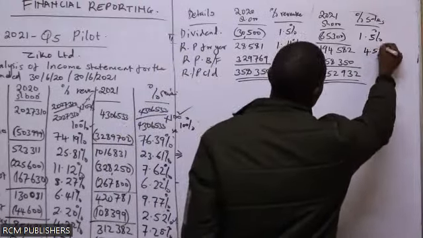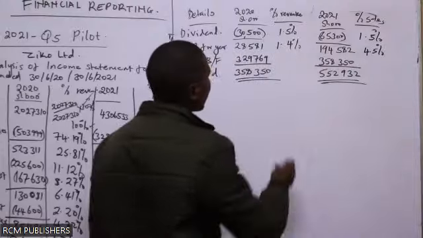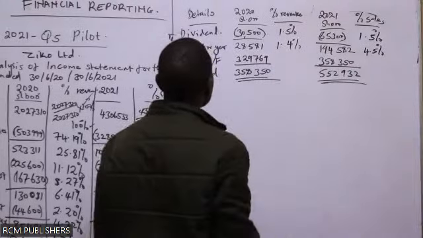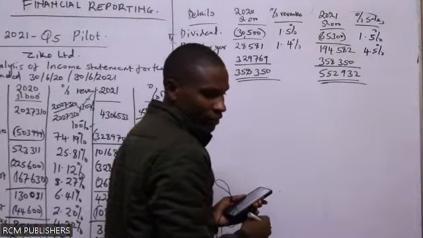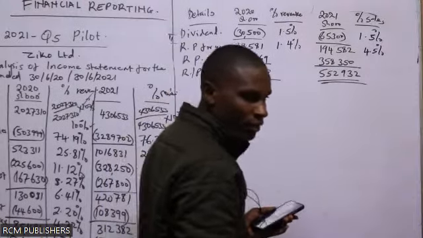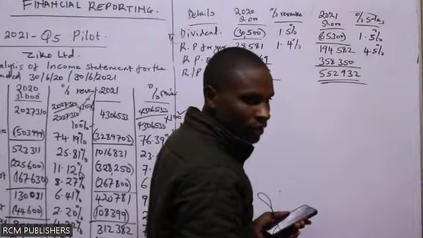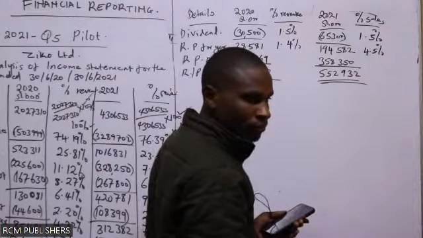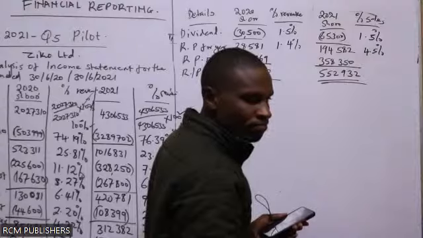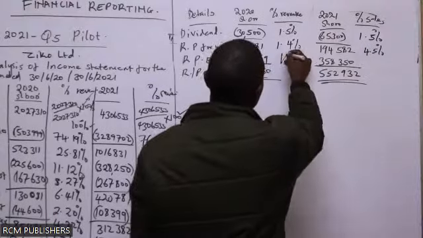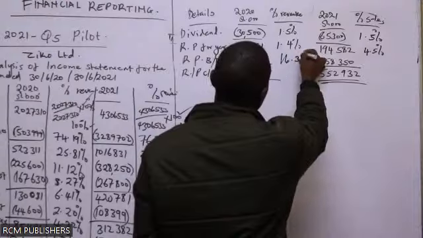4.5%. And then you look at the retained profit brought forward. Percentage yake ilikuwa ngapi? Pata ngapi hiyo? 16.3%.